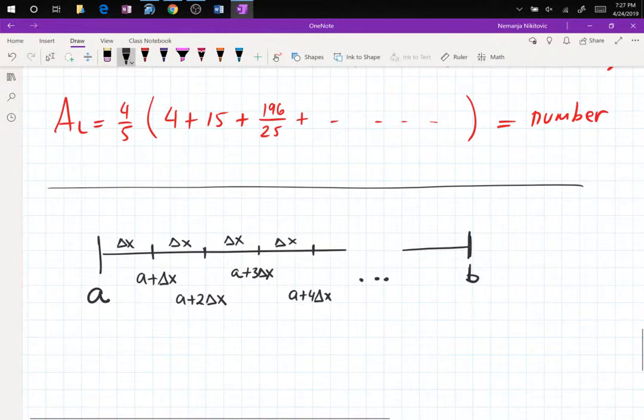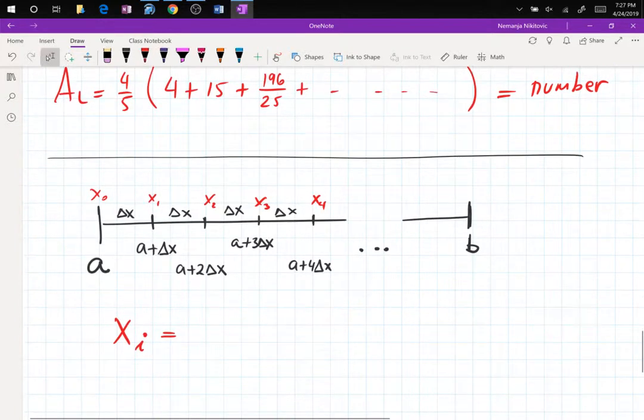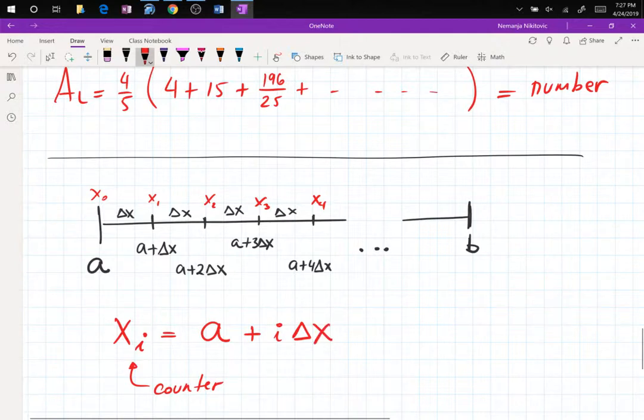Now, these are my x values. This is my x0 value, x1 value, x2 value, x3 value, x4, right? Those are whatever numbers they work out to be. So what is the formula for xn? Sorry, we use xi, as i is a counter. Again, i is a counter. Hopefully you see that this is A plus i delta x. This is actually a formula.